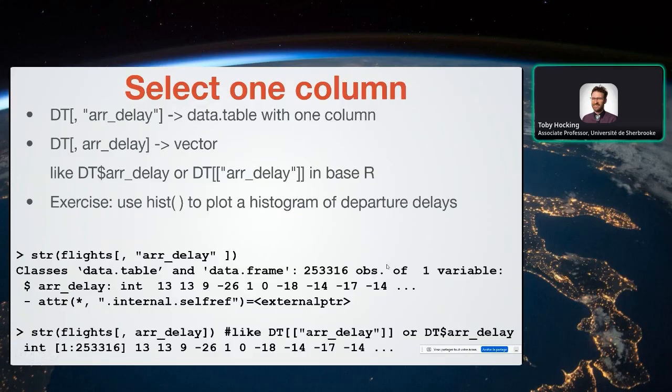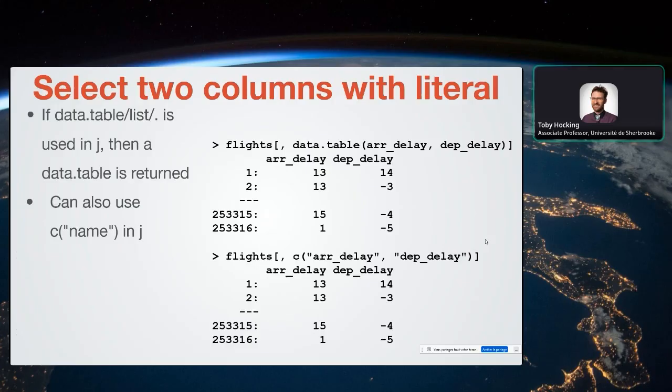So depending on how you use that, you get a different result, a different data type. You can also put a list inside of the square brackets here if you want to select a couple of columns. Another way of doing that is using the traditional c() concatenation operator in R with a character vector of column names. So here, selecting two columns from that table.